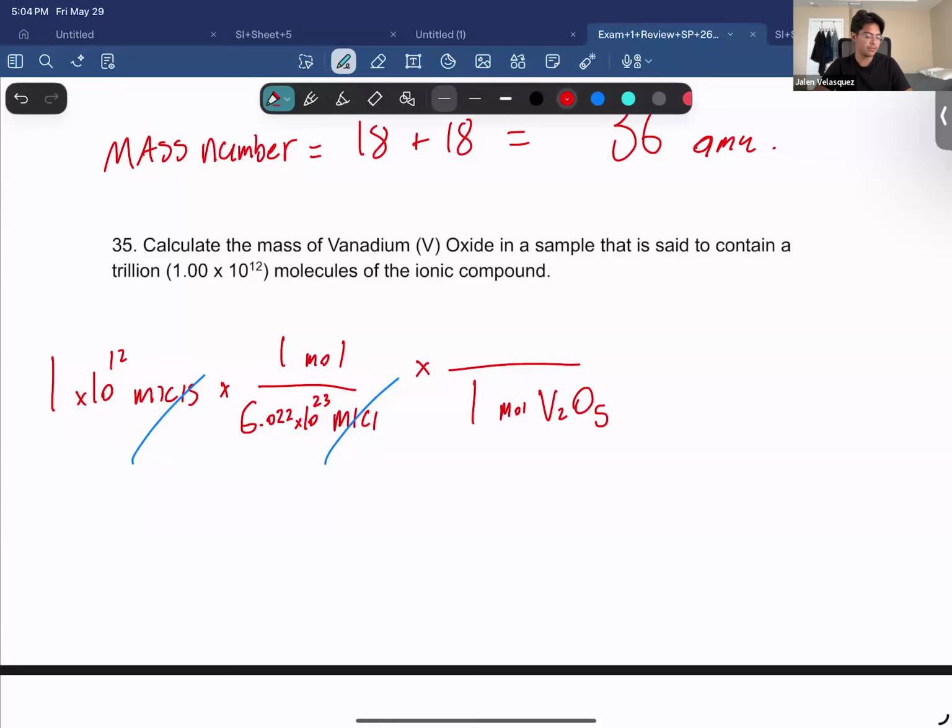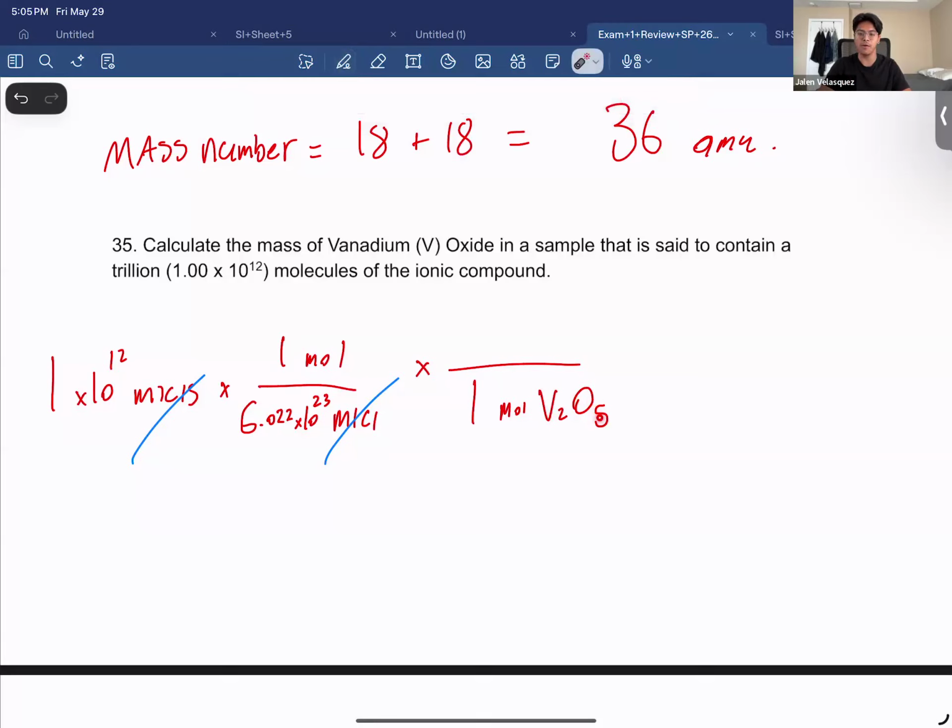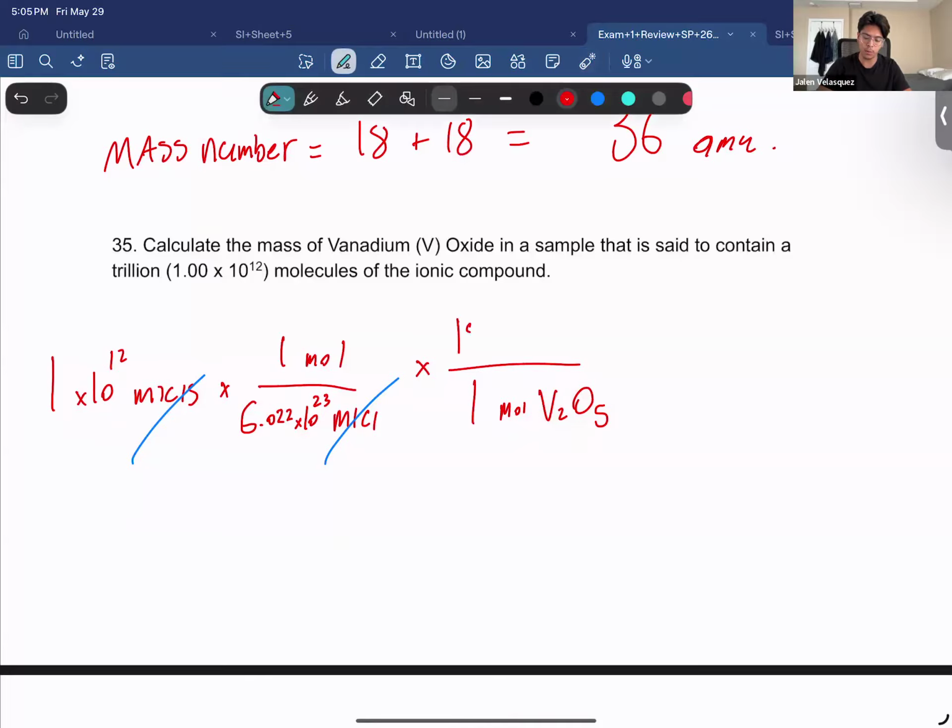So what is the molar mass for vanadium 5 oxide? You just have to go to the periodic table, right? We know vanadium 5 oxide is V2O5. So just look at the periodic table, add those numbers up. The molar mass is 181.88 grams.